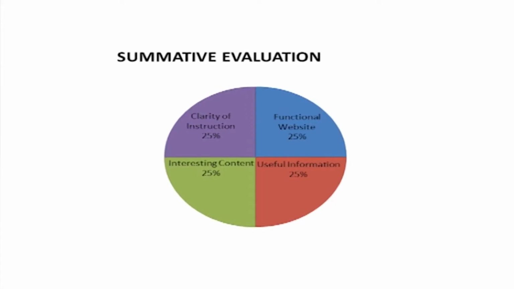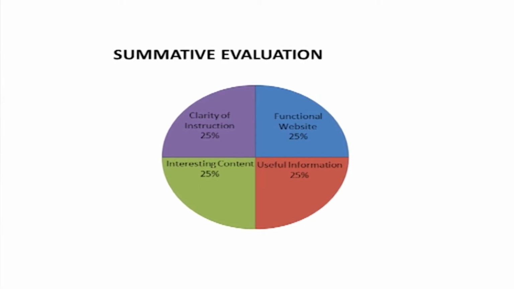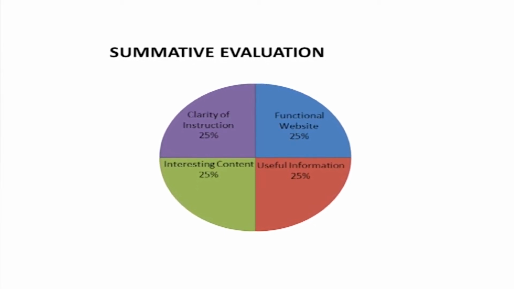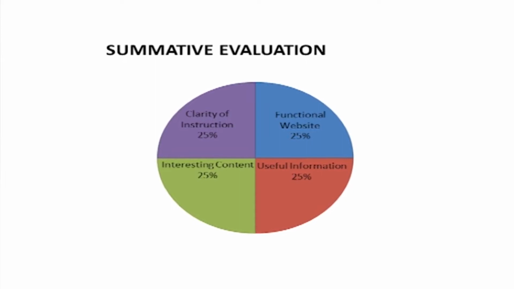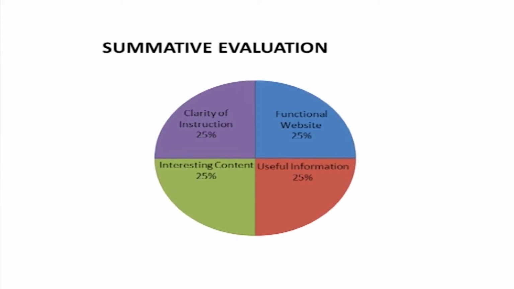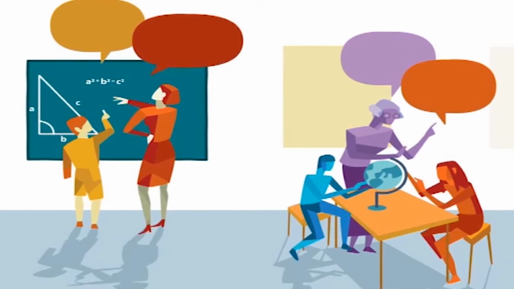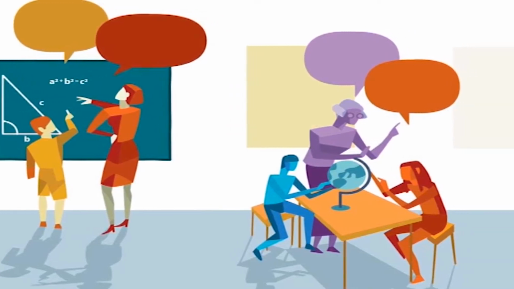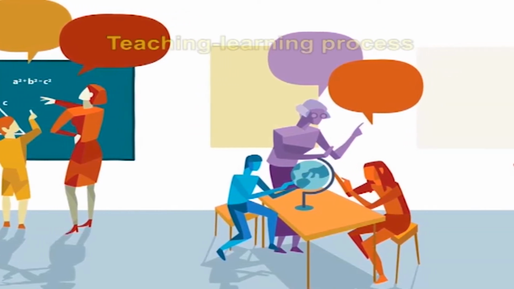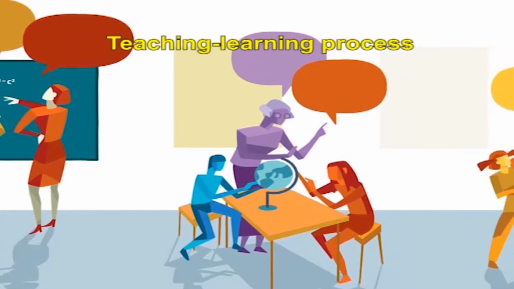The next type of evaluation is summative evaluation. It often attempts to determine the extent the broad objectives of a program have been achieved, that is, private and public examinations. It is concerned with purposes, progress, and outcomes of the teaching learning process.